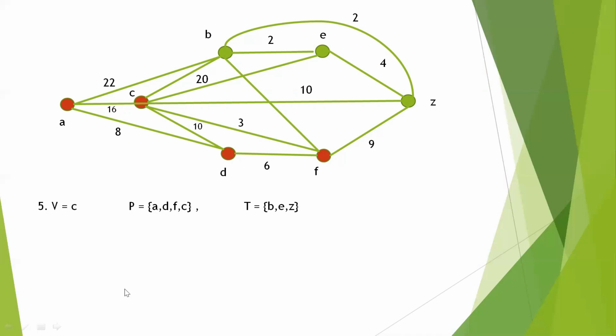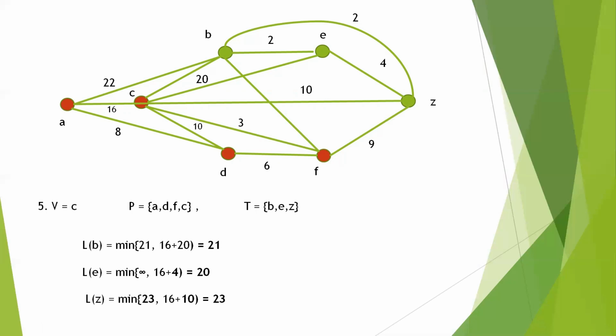So the next step is, again, we find the minimum weight which is connected to the next node. Again, we use the same formula: the load of B equals 21 here, the load of E equals 20, and the load of Z equals 23.